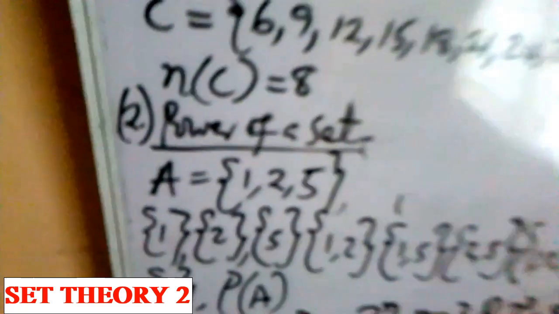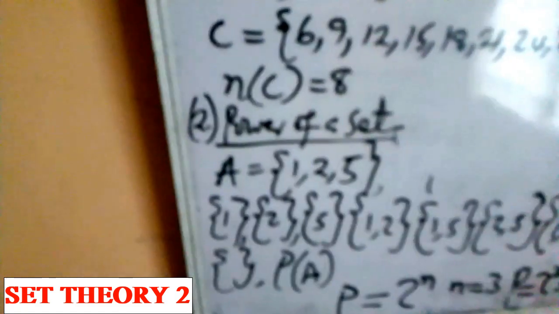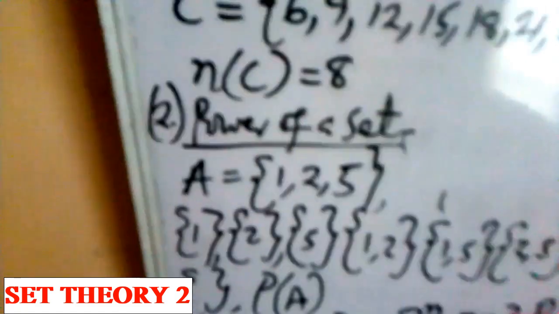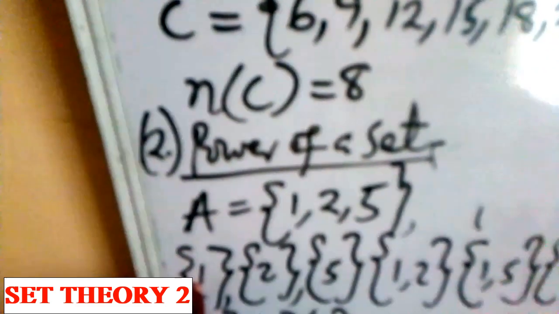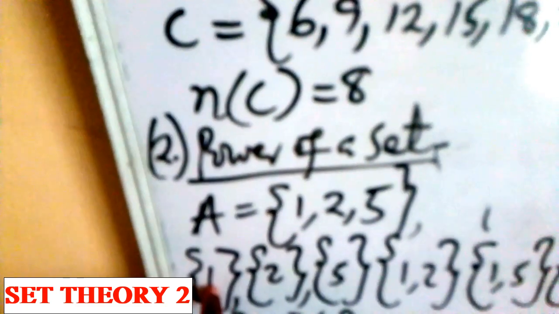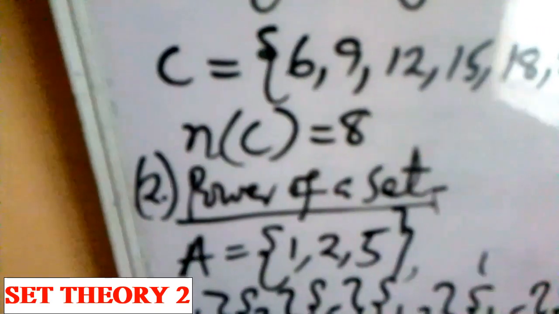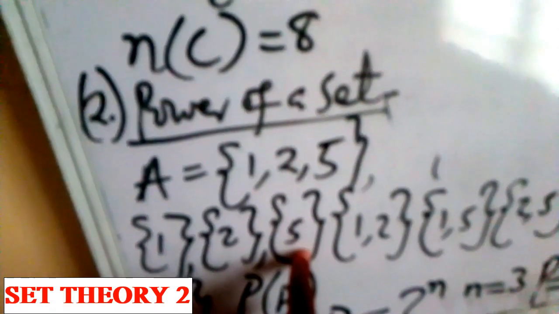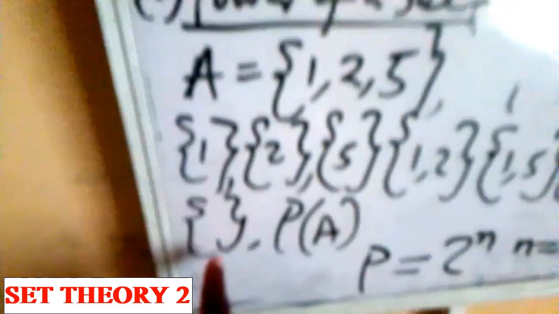If you take the elements one by one and begin to write subsets, you discover that 1 can be a subset, 2, 5, a set of only one member can be a subset. 1 and 2 can be a subset, 1 and 5 can be a subset, 2 and 5, and 1, 2, 5, as well as the empty set.